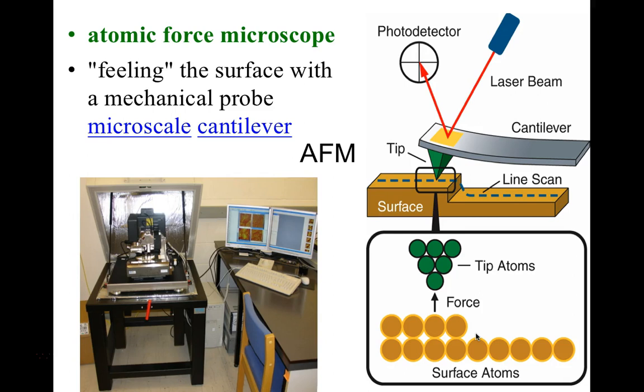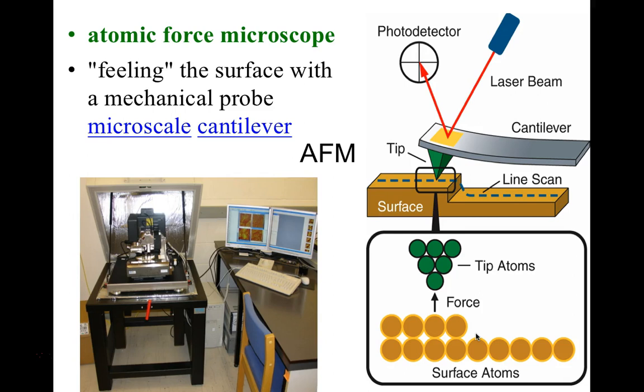Instead, we're using a tiny little probe that glides over the surface of a specimen, and then we're going to be using laser beams and photodetectors and computers to interpret that flexing of the tip of the probe, which is illustrated on the right in green, over the surface of a specimen, so that we can reveal the actual arrangement of atoms in a specimen.